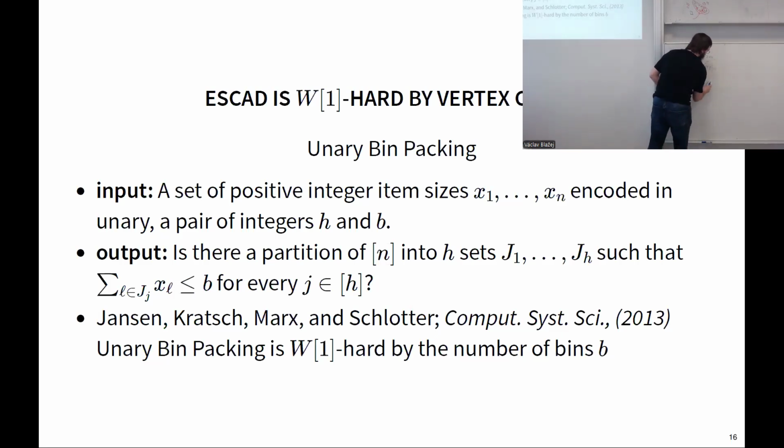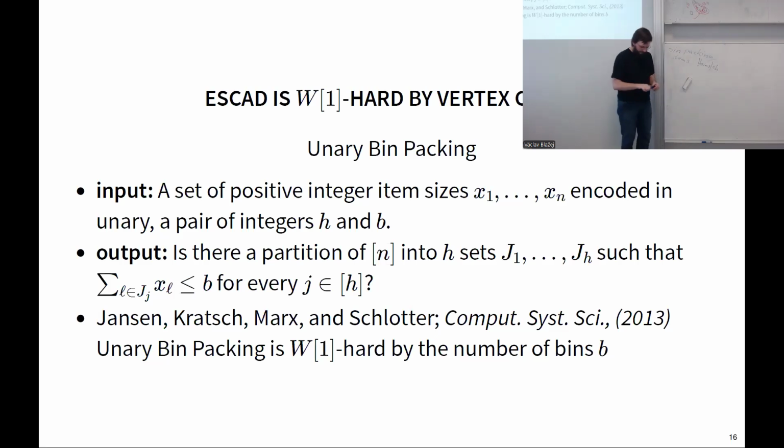You have B bins, and you want to put the items into bins. And basically, you can imagine the bins like this, and the items are like squares differently sized. Squares with different heights, or rectangles like this.